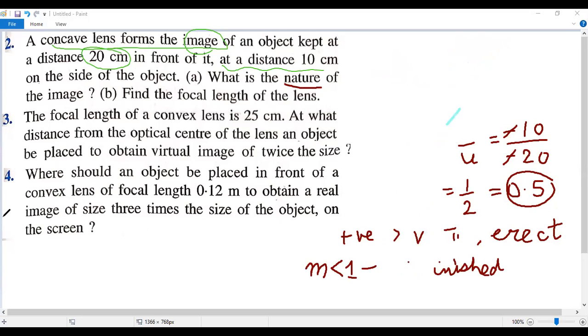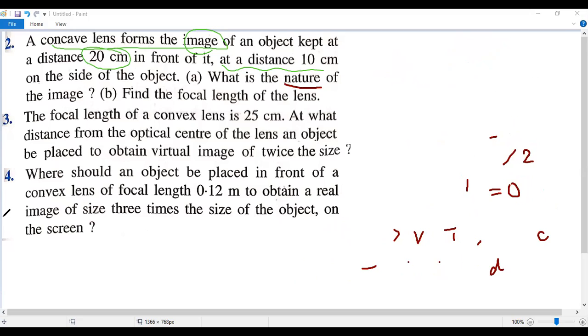Now coming to the next part, find the focal length of the lens. They are saying that V and U are given. Calculate the focal length.